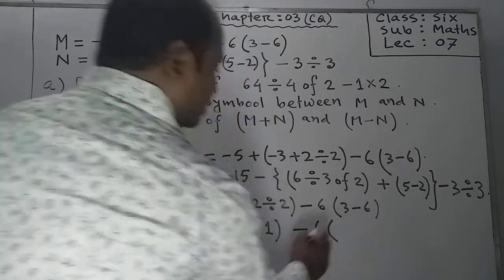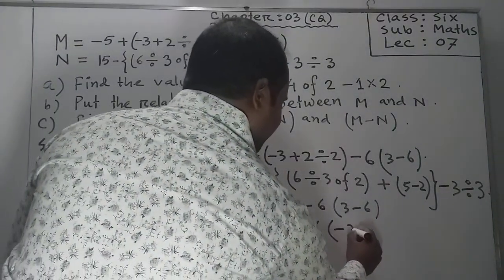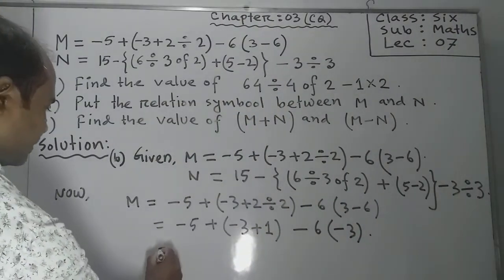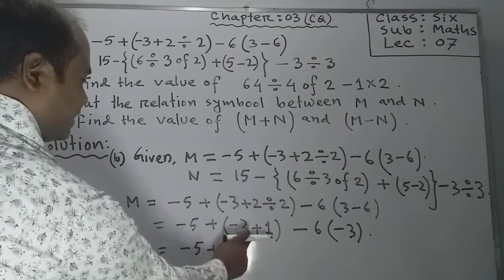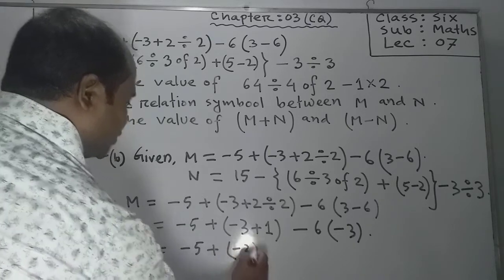And 3 minus 6 is minus 3. Minus 5 plus minus 3 plus 1, this is minus 2.